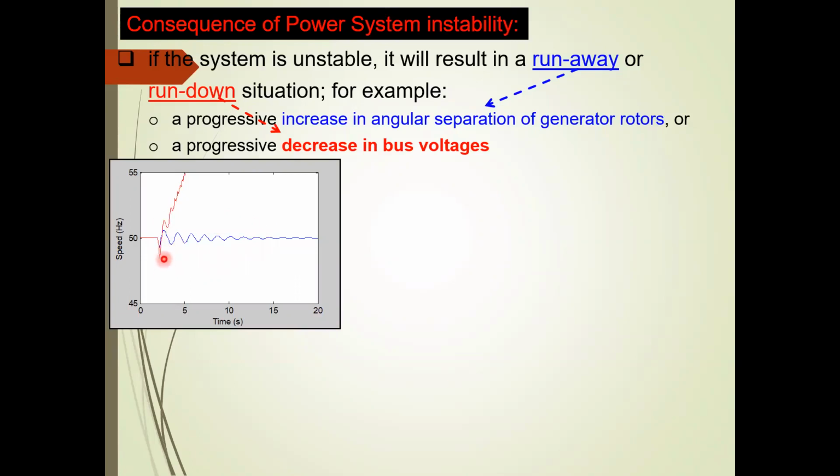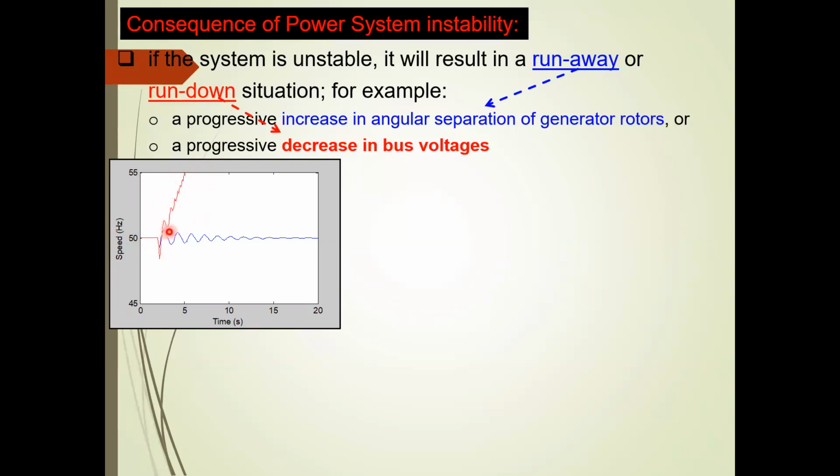But let's imagine that you have a large disturbance, for which the frequency progressively increases, goes beyond 50 Hertz, and increases to 55 Hertz here. All right. Can you tell me why this could occur?